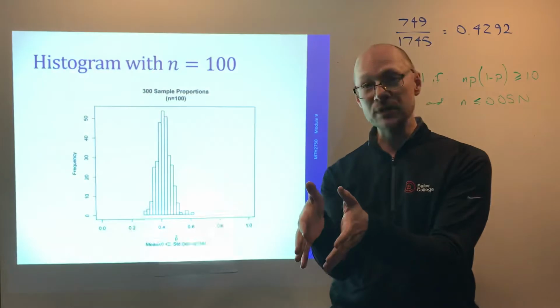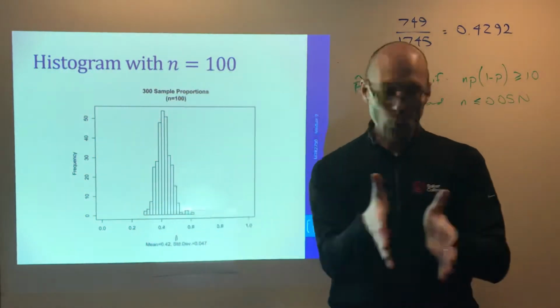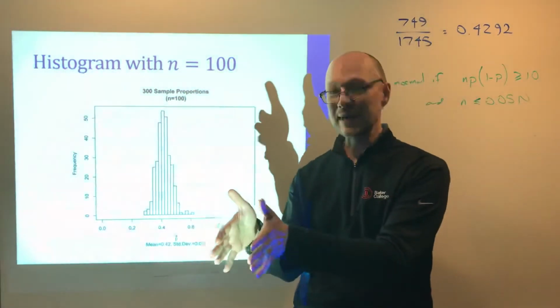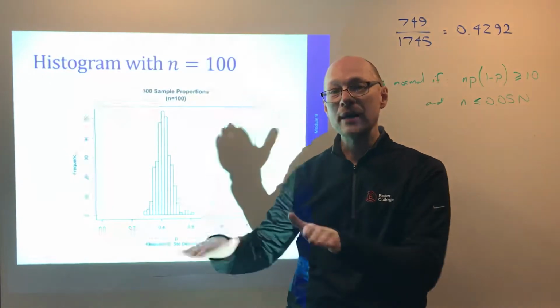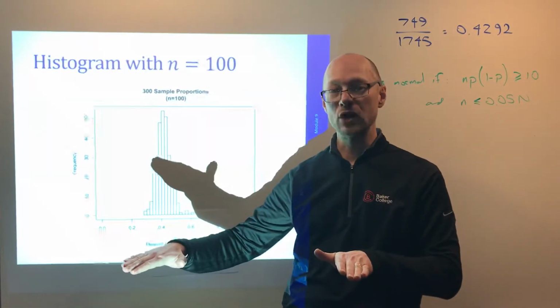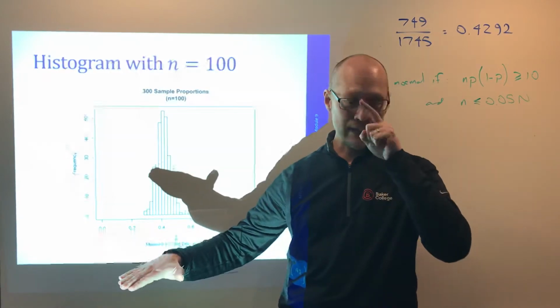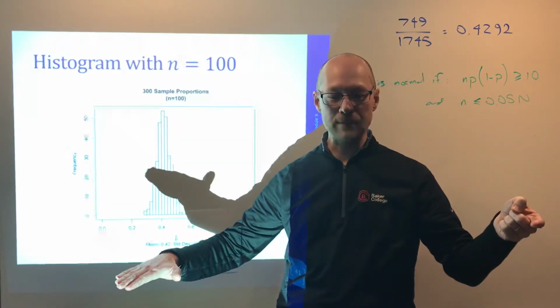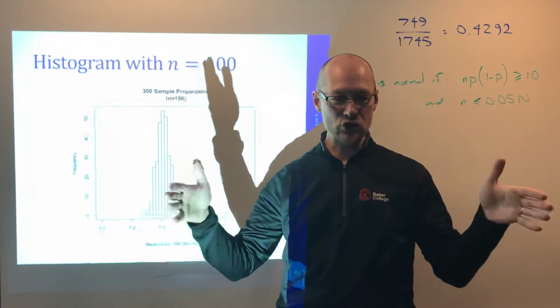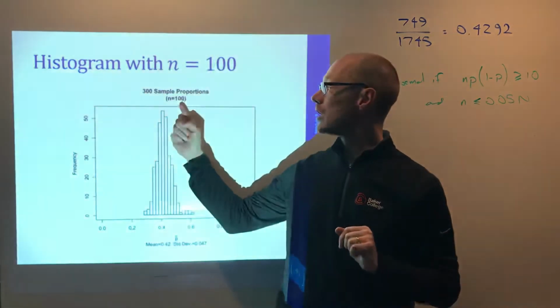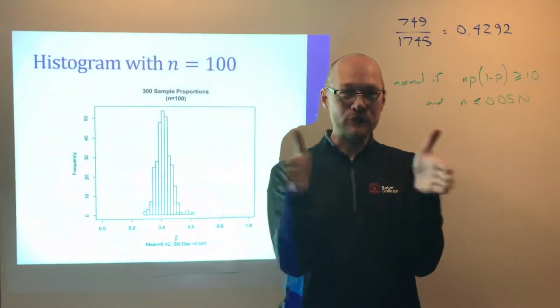Maybe 72% thinks this way. But no matter where that population moves to, when we take samples, we're going to have a normal shaped curve around that. And if you think back to chapter 6, and in fact you could go back and look at that PowerPoint if you wanted, we had to make sure that our sample size was large enough so that we have room.